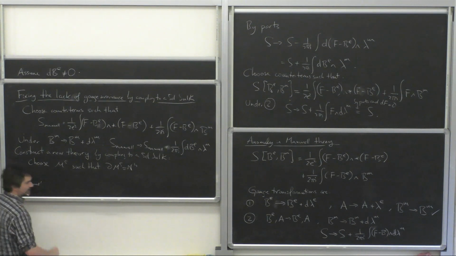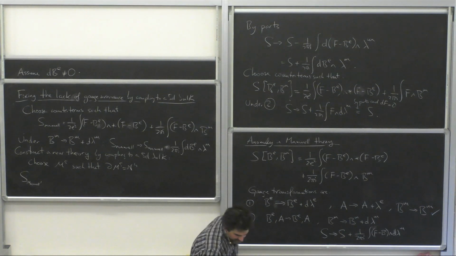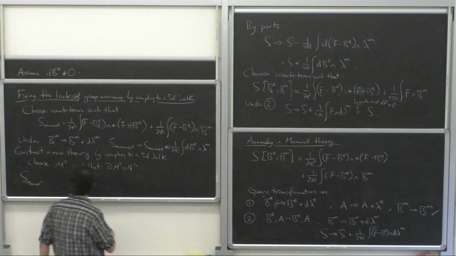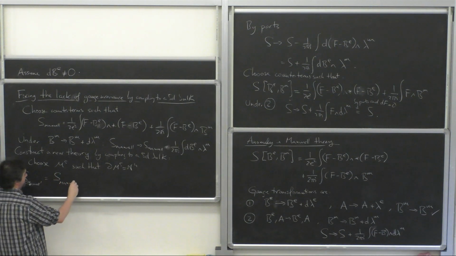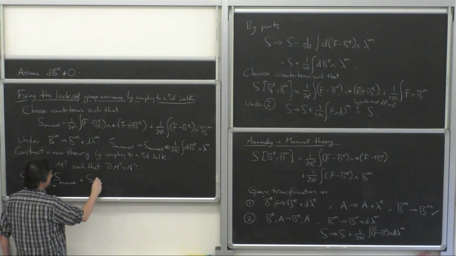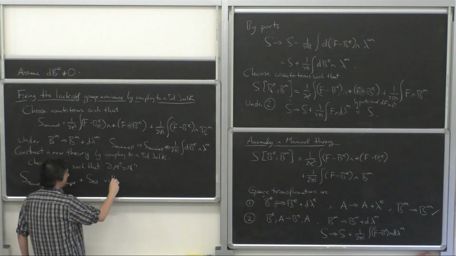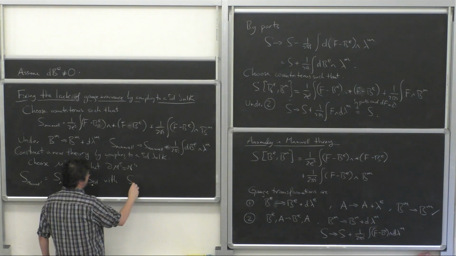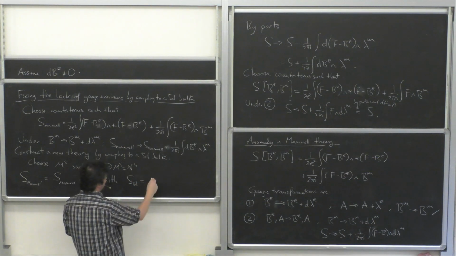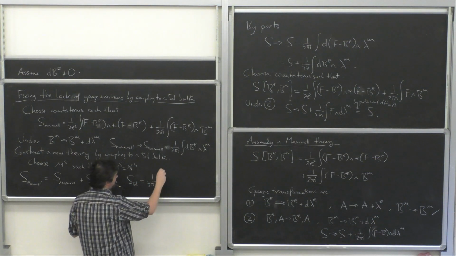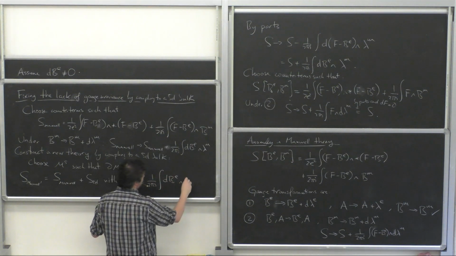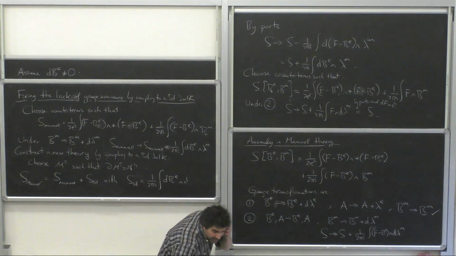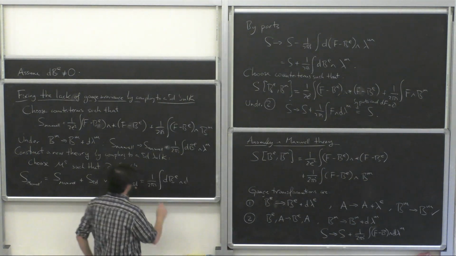S_Maxwell prime, say, probably have a better name. Yeah, Maxwell prime. This is S_Maxwell plus S_5D, with S_5D to be 1 over 2 pi i integral of dB, B_M, which, dB.